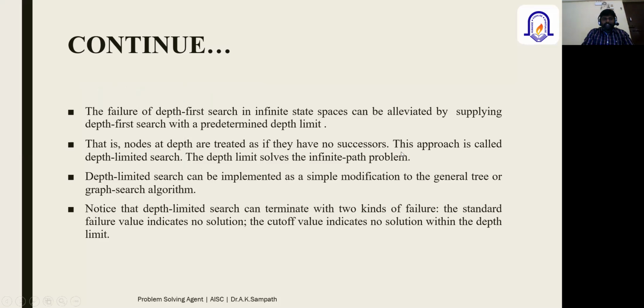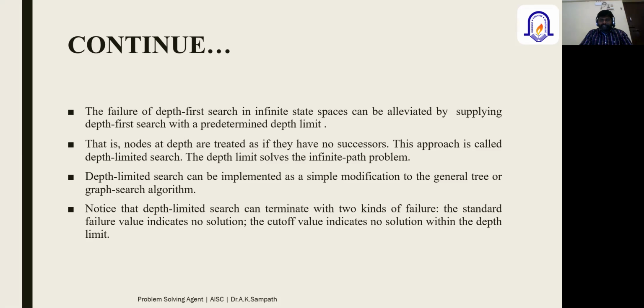In today's session, we'll start with another uninformed search technique, which is the depth limited search. It is very similar to depth first search. We discussed one disadvantage of depth first search: what happens if the depth is infinite?